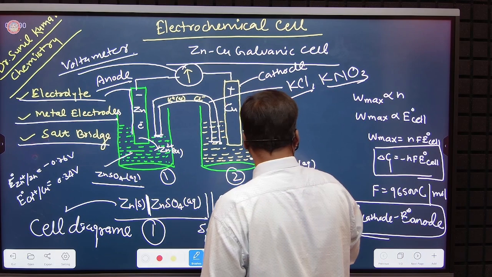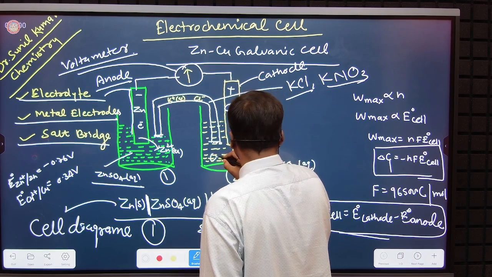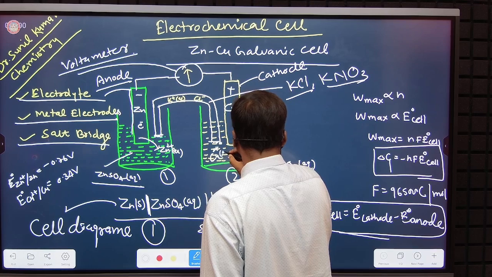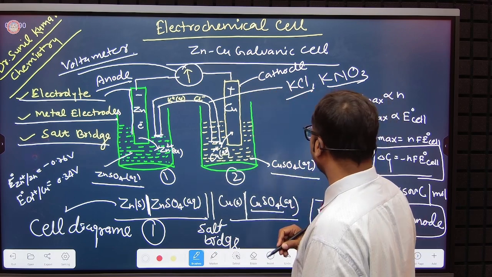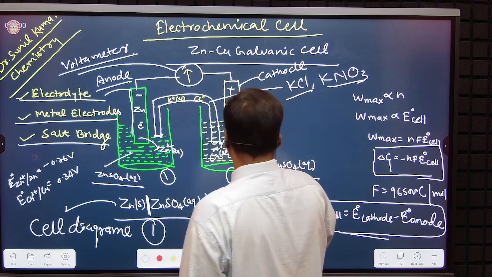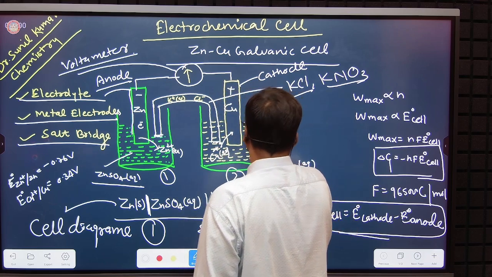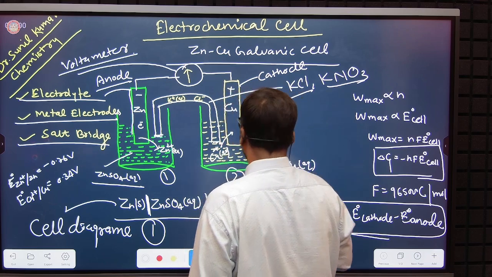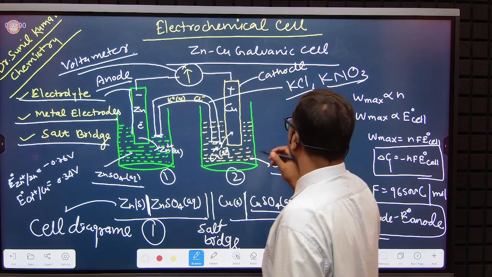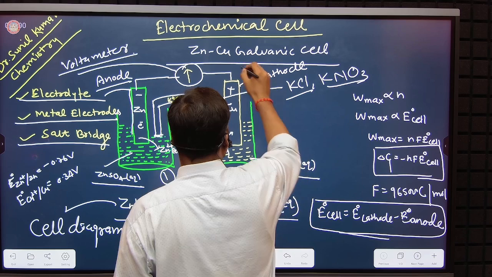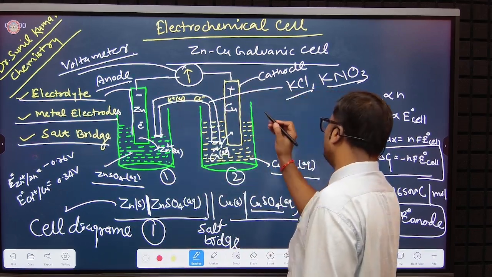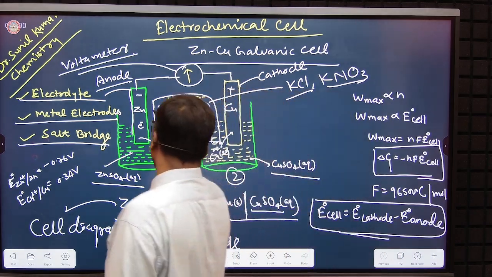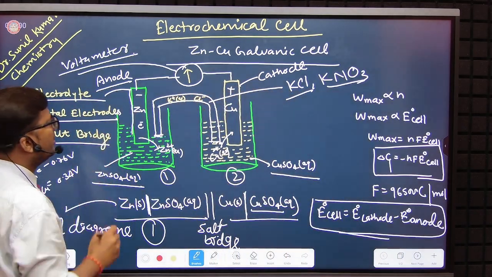From the solution, Cu2+ aqueous will deposit on this copper plate, and this becomes positively charged, right? So this is positively charged, meaning the cathode has a positive sign and the anode has a negative sign.